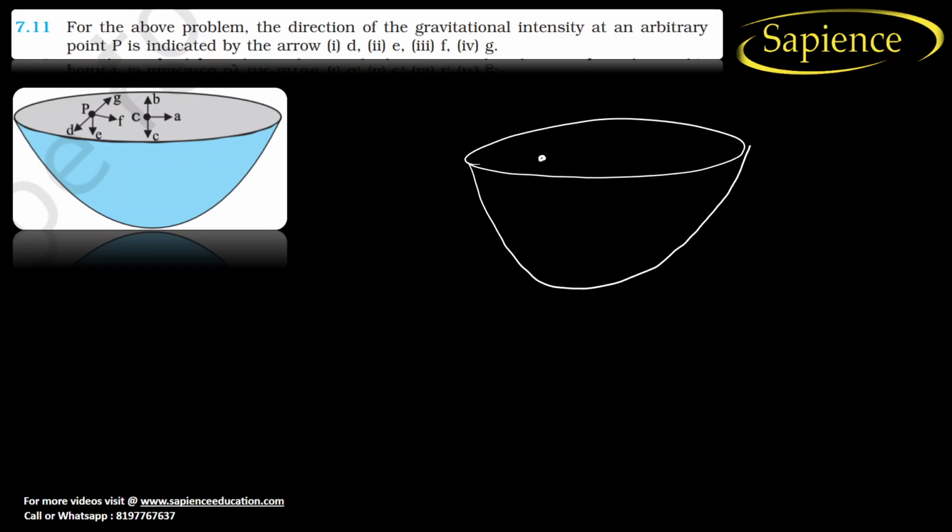Now from this distance, this is a vertical line. Now with reference to this vertical line, we are taking one radius r1 and another length r2.